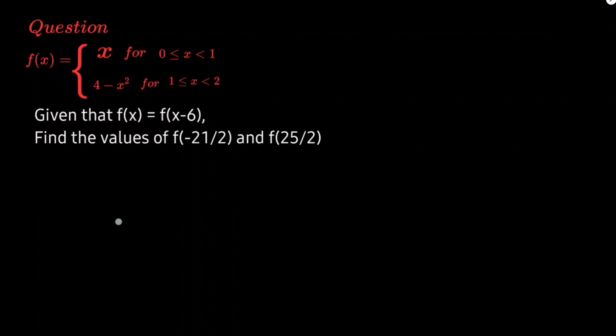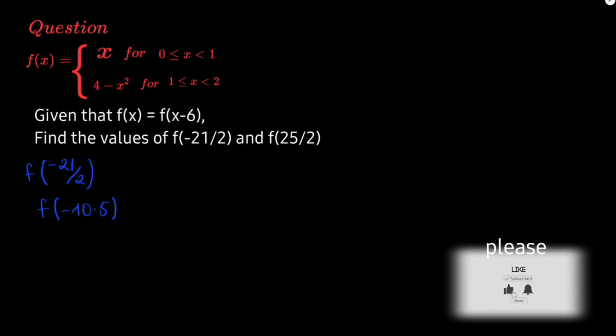Let's start with the first one, that is f(-21/2). Minus 21 on 2 is the same as f(-10.5). Let me take it in that form in order to make things easier. We have a range.